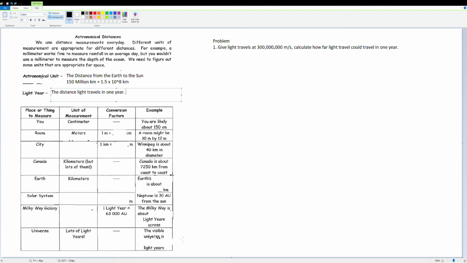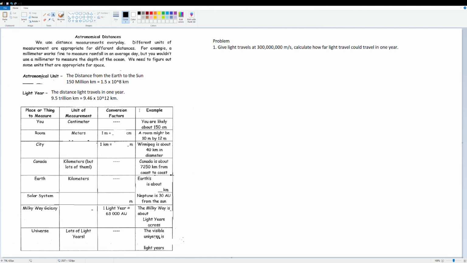This is equal to 9.5 trillion kilometers, which can be written more precisely as 9.46 times 10 to the power of 12 kilometers. So when it's traveling uninhibited, light will travel 9.5 trillion kilometers in 1 year, which is what you're going to hear about mostly. It's the one to keep in mind.